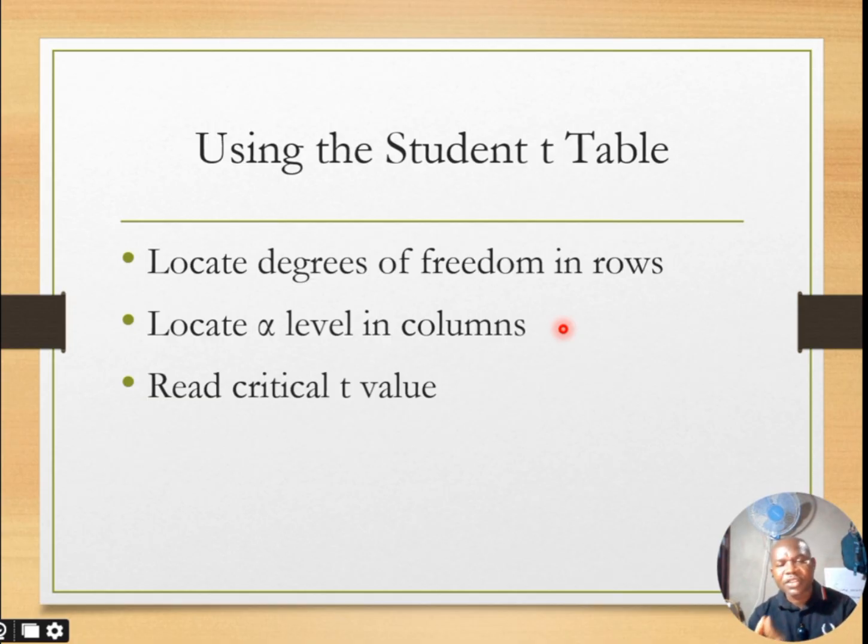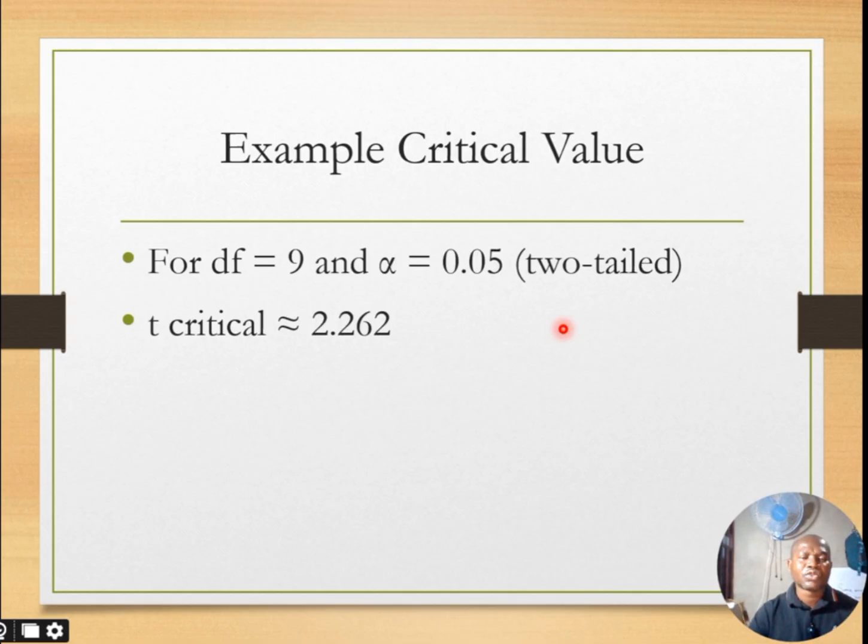Now, it is that critical t value you want to compare with the t calculated. The value you got on the table is the critical t value, or t tabulated, while the one you got from your data set by computation is your t calculated or the t-statistic. So when you compare the two together, you can tell. For instance, let's say the degree of freedom is 9 and our level of significance is 0.05 for a two-tailed test.